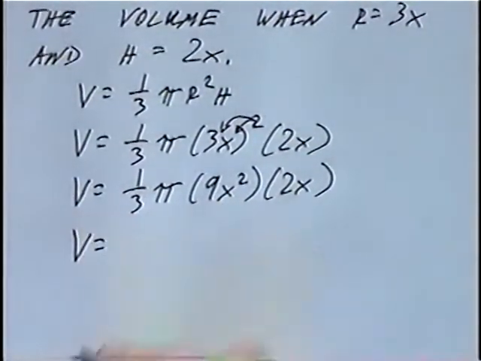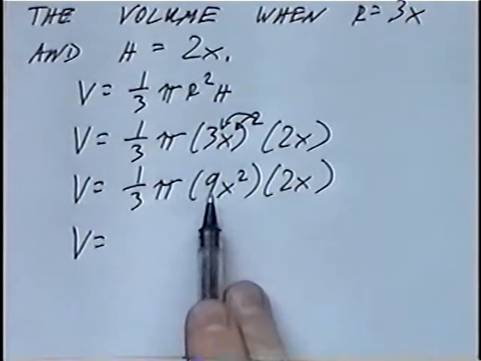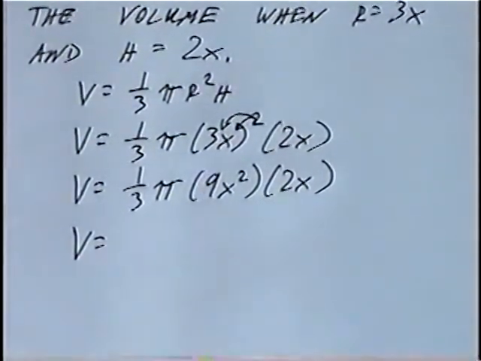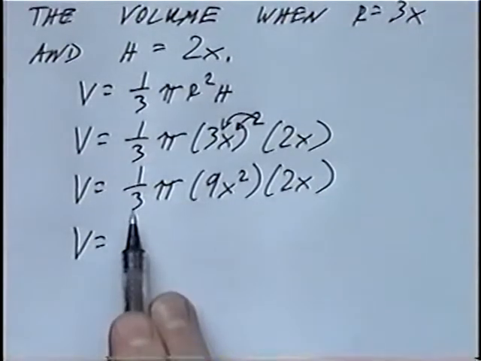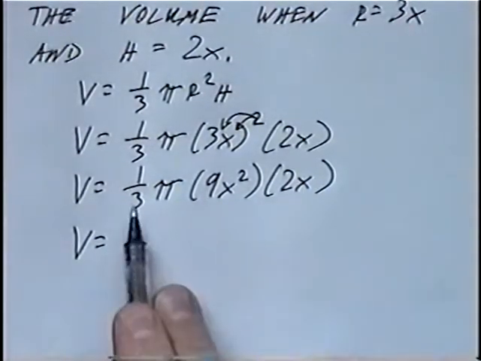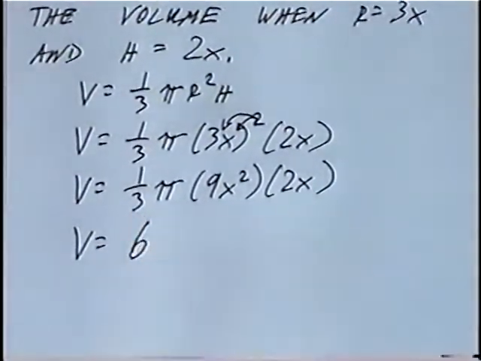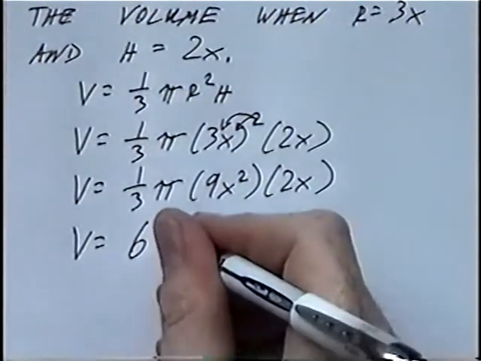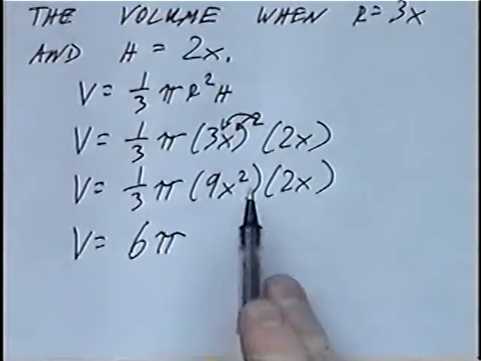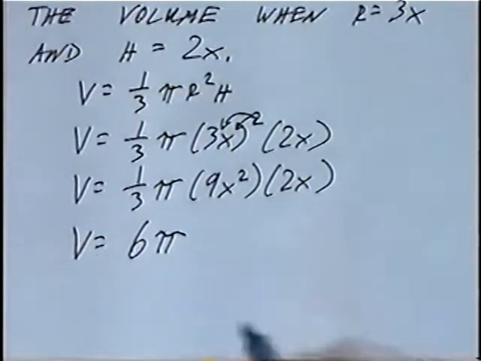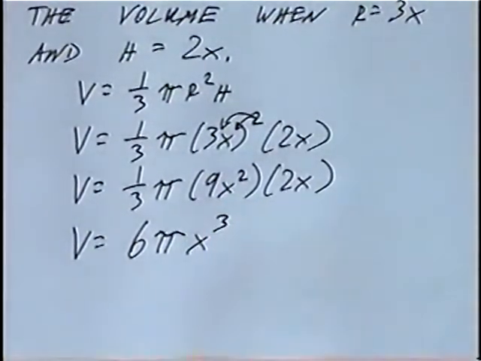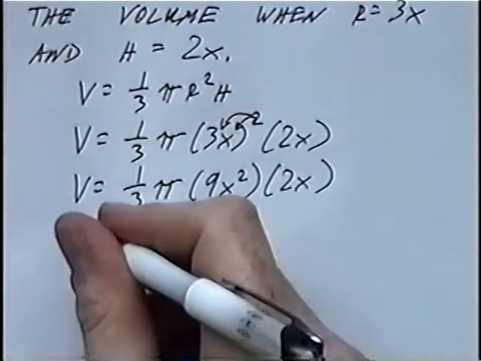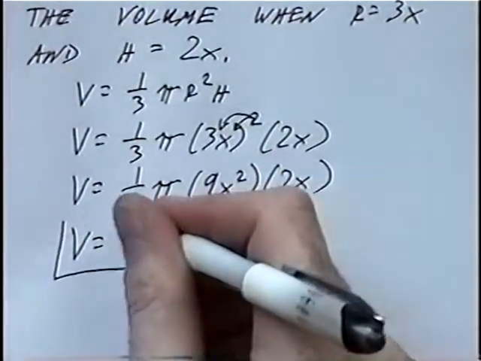And next step, we can multiply. 9 times 2 would be 18. 1/3 is like dividing by 3, so we'll have 18 divided by 3, which would be 6. Pi would stay the same. And x squared times x would be x cubed, or x to the third. So our final answer would be 6 pi x cubed.